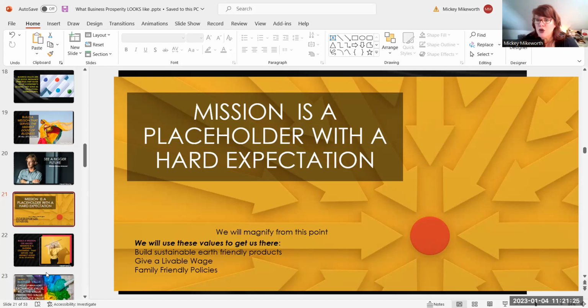It is a placeholder with a hard expectation. Everything that we have in mission, everything that we do, everything that we say, all of our policies, all of our procedures, everything we build within this construct of the prosperity business model is built to be weighed and measured against mission, but it is also the starting point of how we will magnify out.